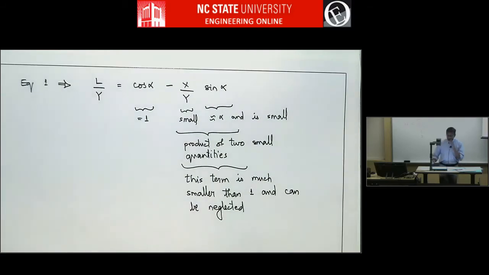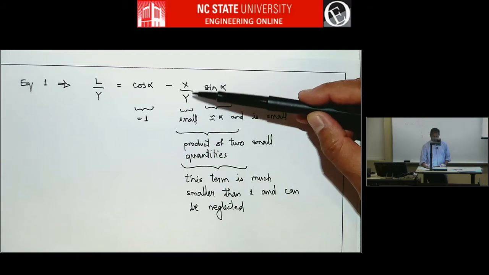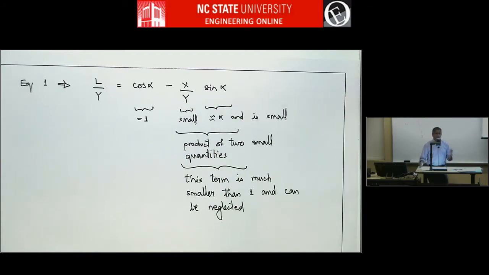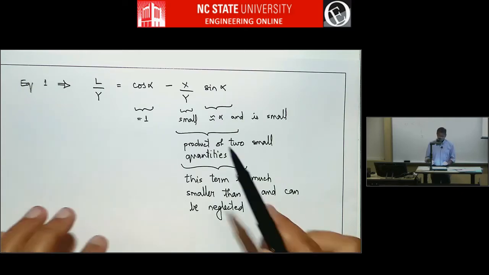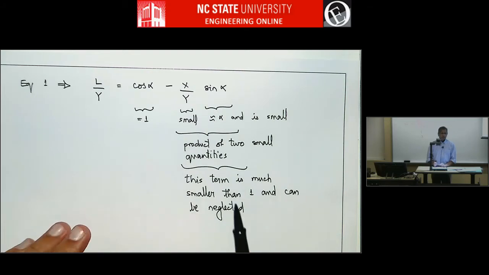So for example, even if you say x is 1/10 of y, this will be 0.1. And let's say even this is 0.1. 0.1 times 0.1 is 0.01, right? So then this becomes about 1% of this, and you can say, well, that's small enough, I'm going to throw it out for convenience.